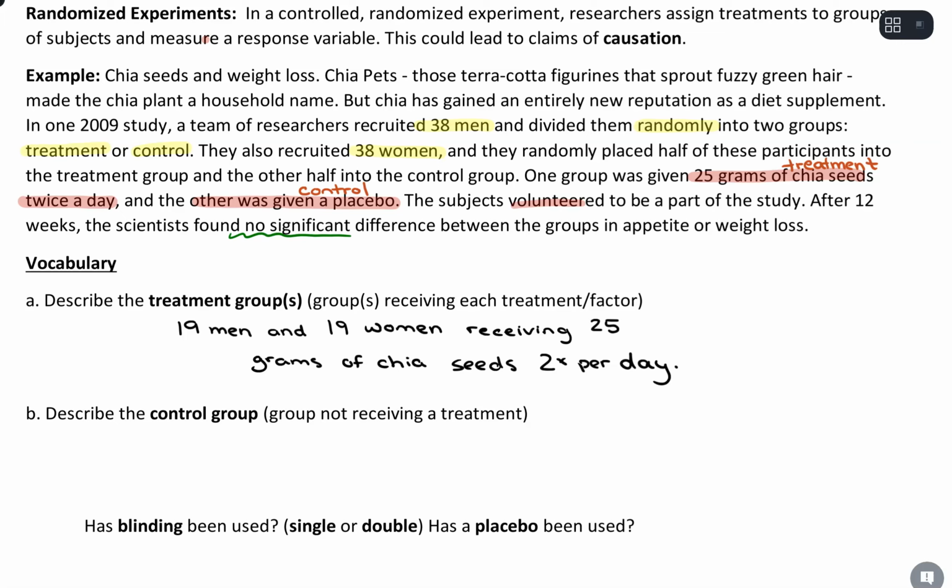So a placebo makes it stronger, but a control group by definition just does not receive the treatment. Even if there wasn't a placebo, we'd still have a control group here, and it would be the other 19 men and other 19 women not receiving the chia seeds.